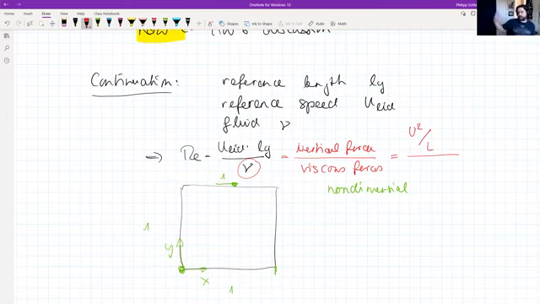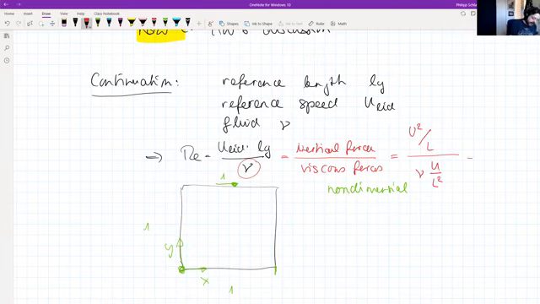And the viscous part, if you again just look in the Navier-Stokes equation, which is the momentum balance, so you have actually forces in there, you will then see that the viscous term will be something like the viscosity times the velocity and the second derivative of that, so divided by L squared. So that would be the viscous part.